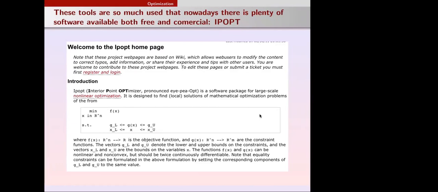You can also use it online. This is IPOPT, IP for interior penalty and OPT for optimization. This software was developed at Carnegie Mellon in Pittsburgh in the United States by teams originated in computational chemistry, right?